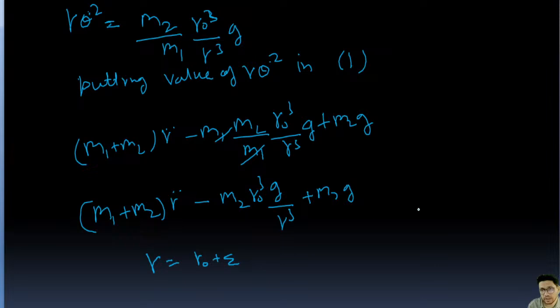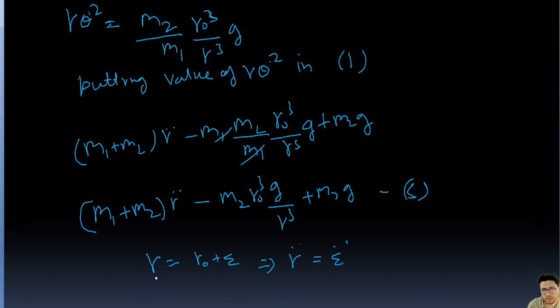This equation is number 5. Putting r equal to r naught plus epsilon in 5, this implies r double dot is going to be epsilon double dot, because r naught is constant. If we differentiate two times, it is also differentiated two times, so epsilon double dot. Now we'll put the value in 5.